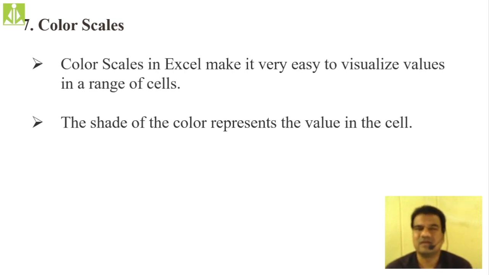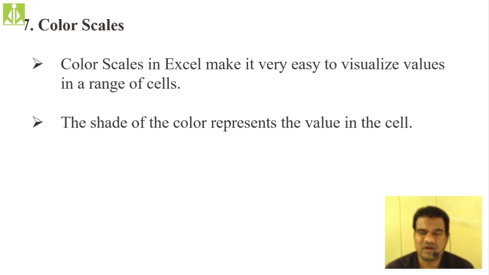Then the color goes lighter and lighter until it reaches green: light green, then darker green, and so on up to the highest value. The smallest value is shown with red and the highest value with green, because larger values are always acceptable, and smaller values, 0 values, are what we call danger bells.